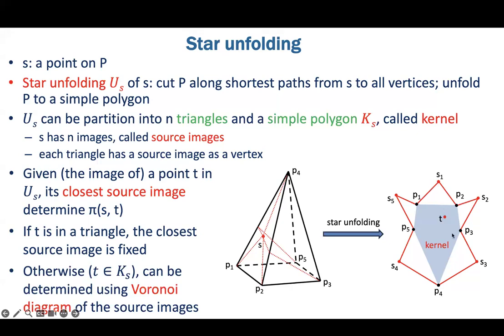But in the difficult case, if T is in the kernel, any source image could be its closest source image. For example, you could compute the Voronoi diagram and look at which region contains T. In this example, the region of S1 contains T, therefore S1 is the closest source image.